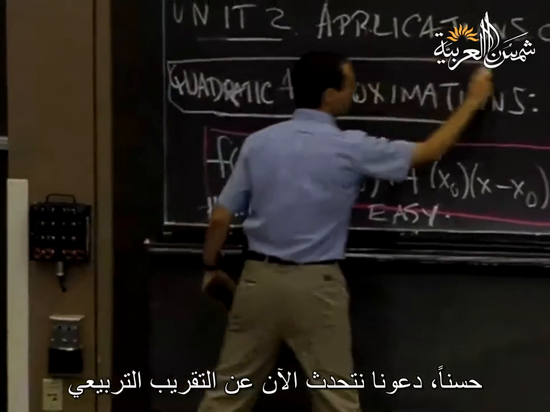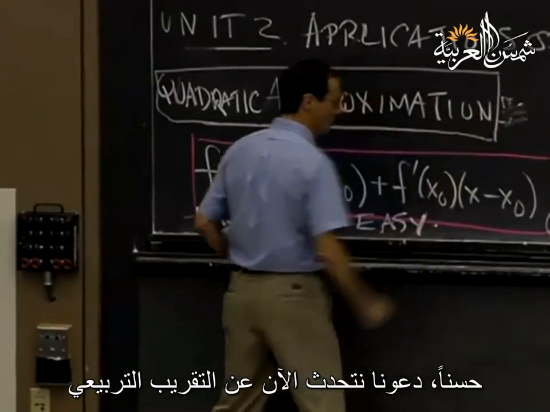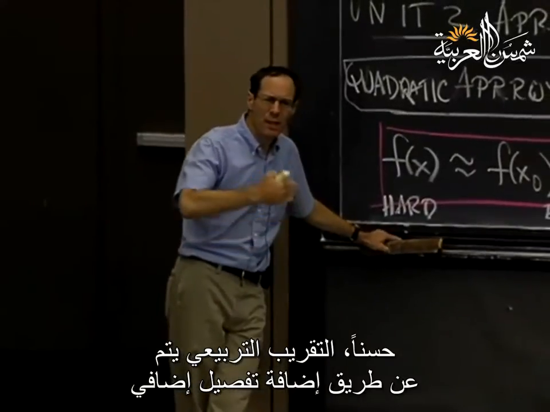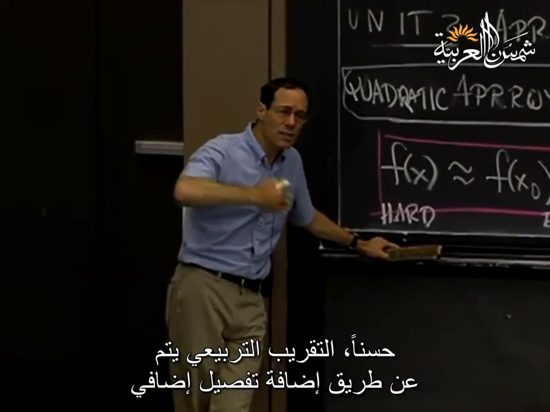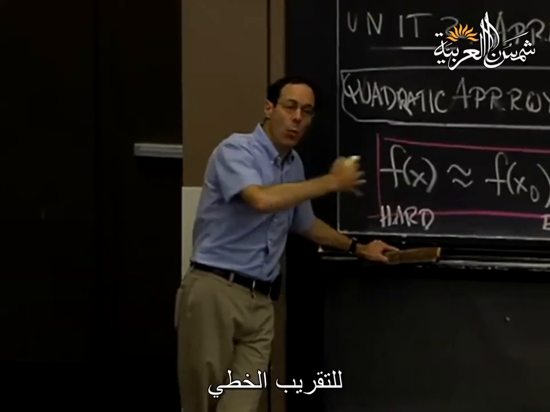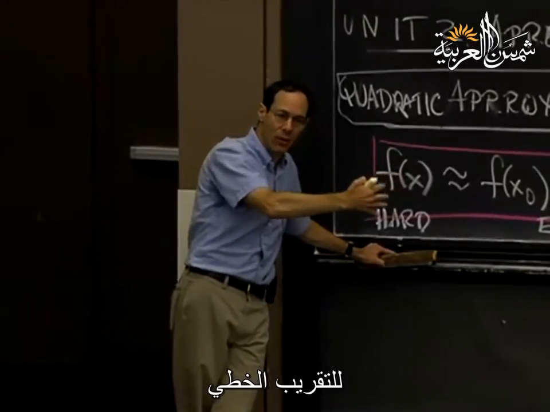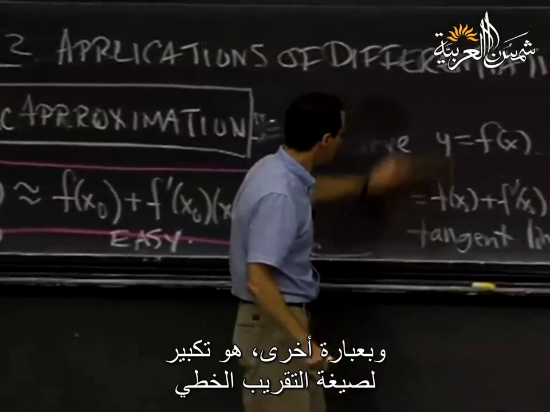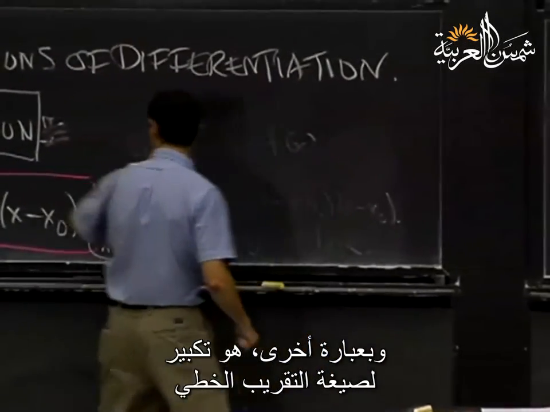So suppose we talk about a quadratic approximation here. The quadratic approximation is going to be just an elaboration, one more step of detail from the linear. In other words, it's an extension of the linear approximation.